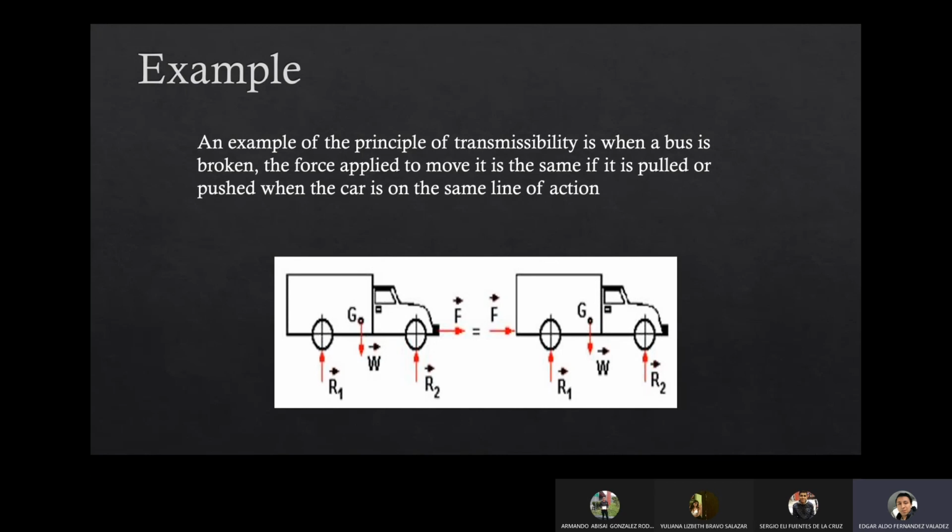R1, R2, and W are the same force. Only the line of action changes. Well, it's the same, but only the direction changes because we are pushing the bus, and that is the difference between them.